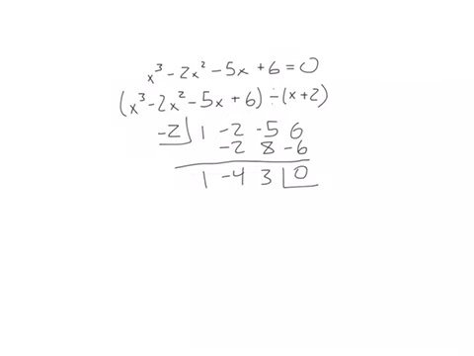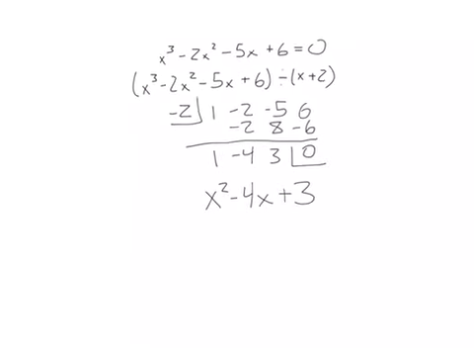That means that x plus 2 is indeed a factor of this. And what's left over is the depressed polynomial, which would be 1 times x squared minus 4 times x plus 3. And what's important about this part is where those other two zeros are located, where they come from.